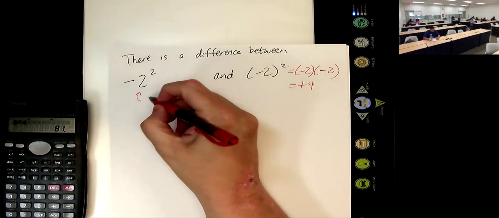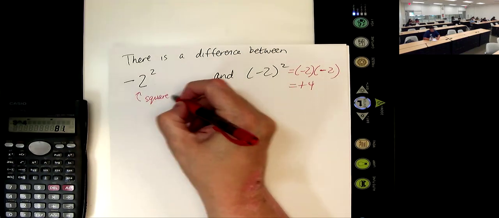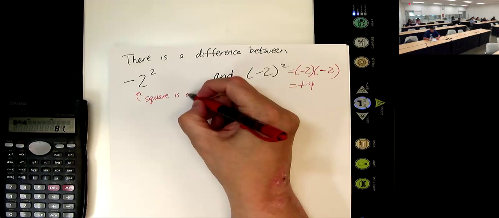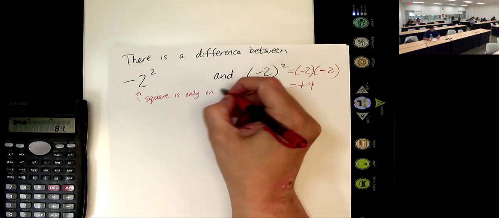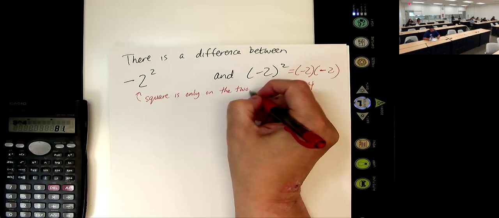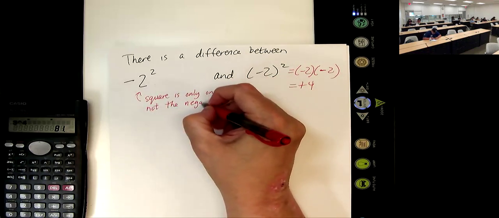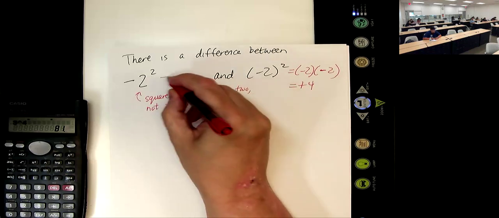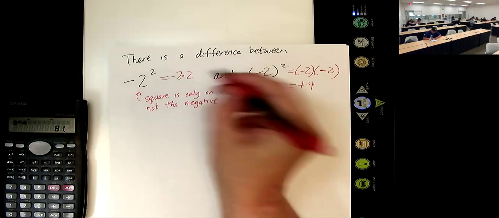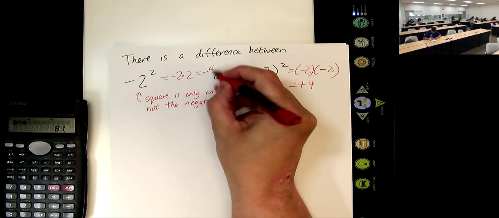Here, the square is only on the 2, not the negative. So this is the negative of 2 times 2, which is -4.